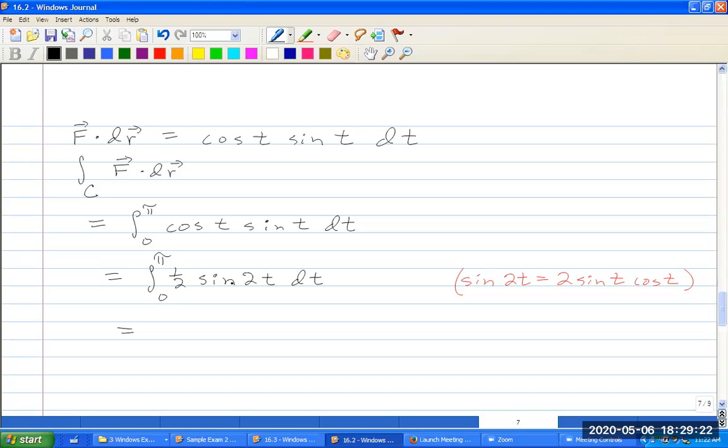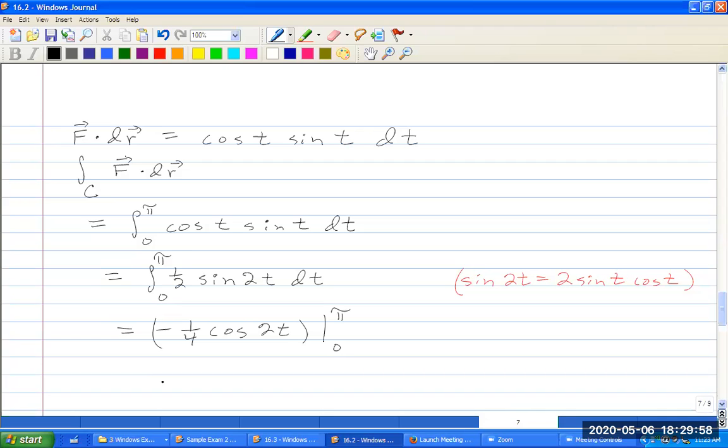So this is equal to the integral of sine is minus cosine 2t, and then I've got to divide by 2, evaluated between 0 and pi. Let me just check if that's correct. The derivative of cosine would be a minus sign, and then 2t times derivative 2t, which would give me a 2, cancel out one of those, would give me a plus 1/2. So that's correct.